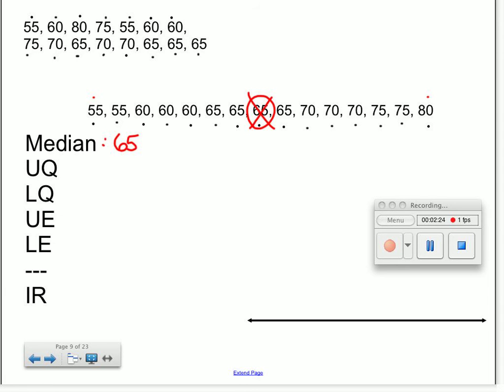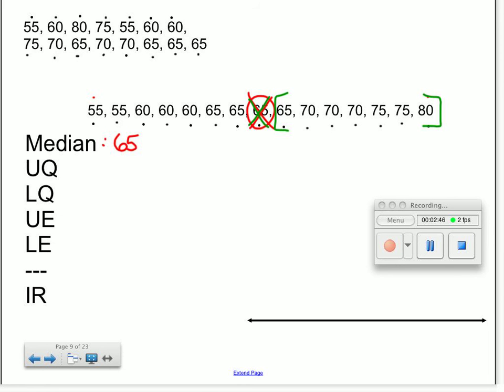So the next one is upper quartile. When you think of the word upper, try to think of the upper numbers, the higher numbers. So the upper numbers are the 65 through 80. And now we're basically going to find the median of that set of data. Again, we cross this one off, so you're not going to use that one.